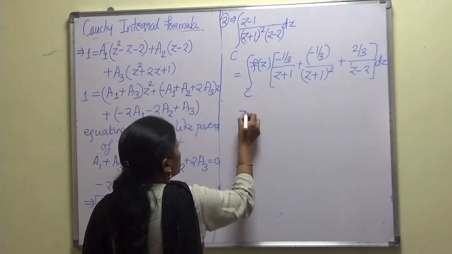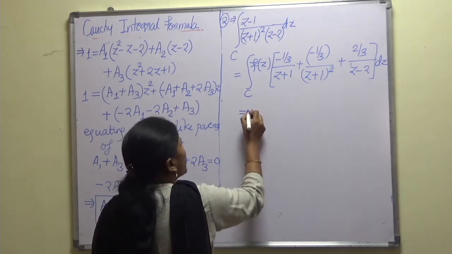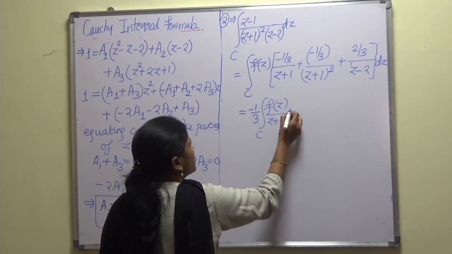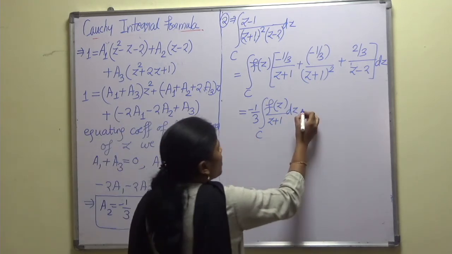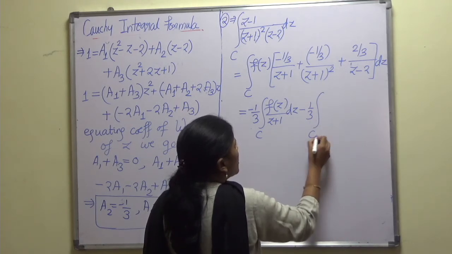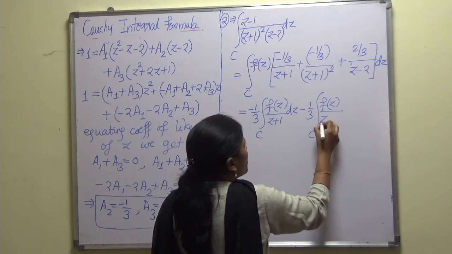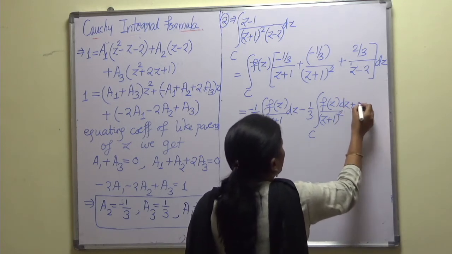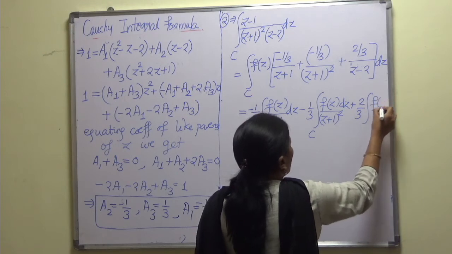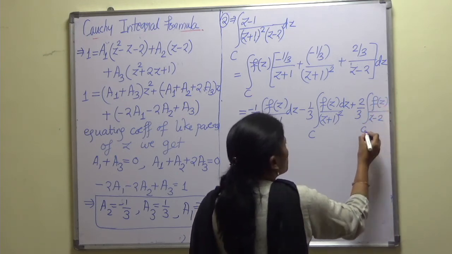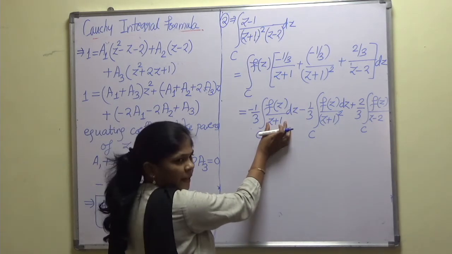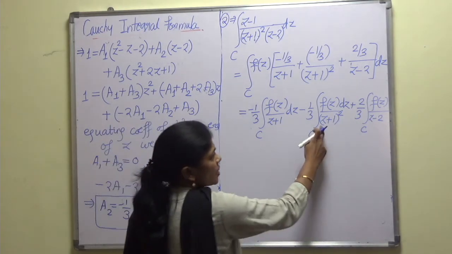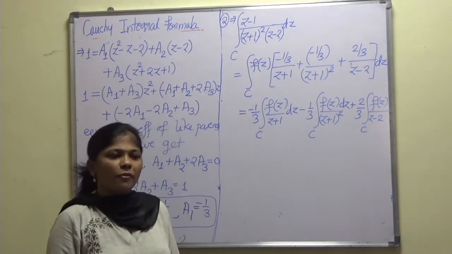So that is equal to integration, taking minus 1 by 3 outside, f of z upon z plus 1, then again minus 1 by 3 integration over C of f of z upon z plus 1 whole square, and then plus 2 by 3 integration of f of z upon z minus 2 over C. Here the power of this linear term is 1, here also 1, so we will apply Cauchy integral formula, whereas here the power is more than 1, so the generalized Cauchy integral formula is applicable, right.